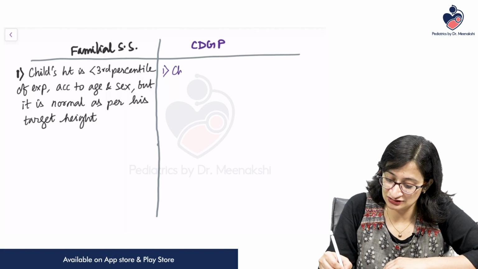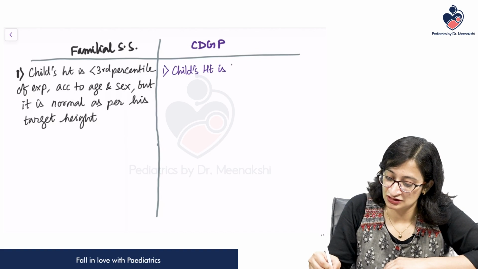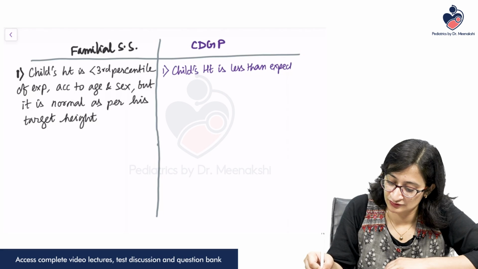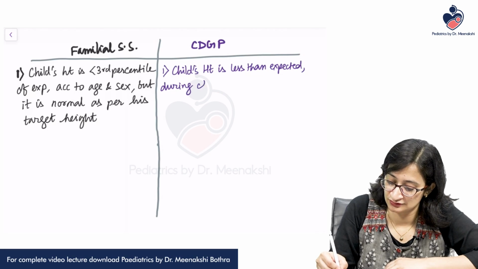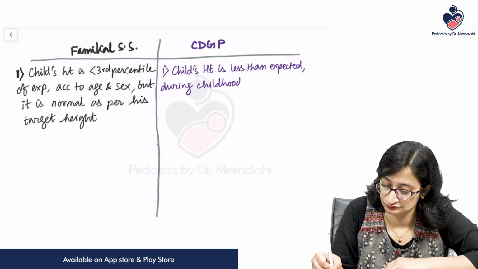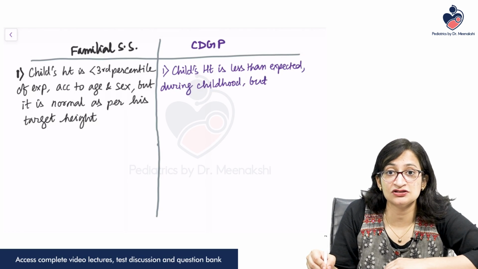So the child's height is less than expected during childhood, but the final adult height attained is normal.